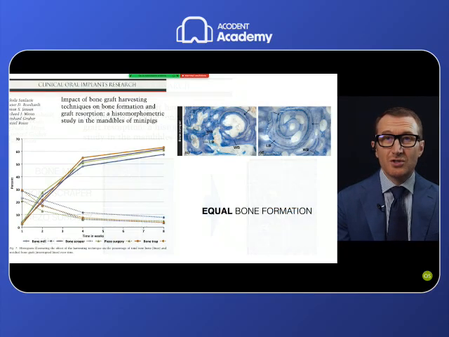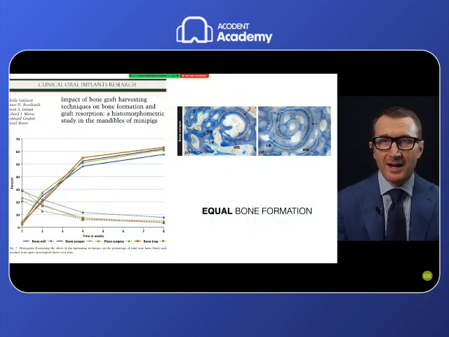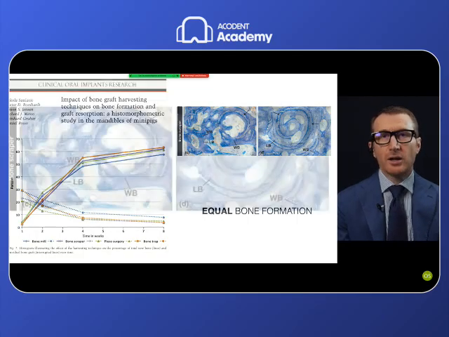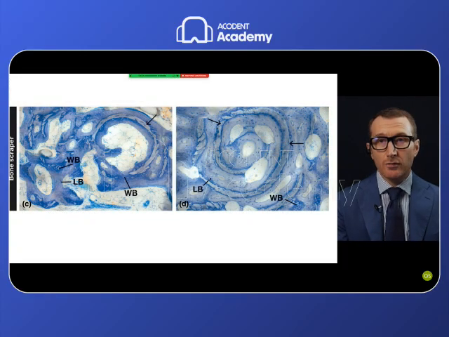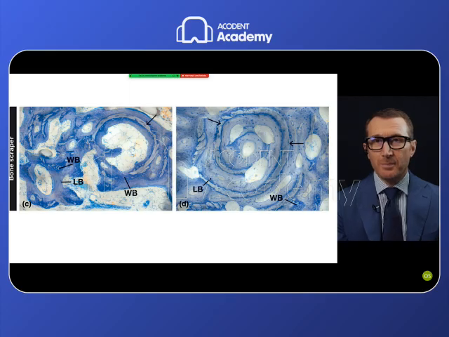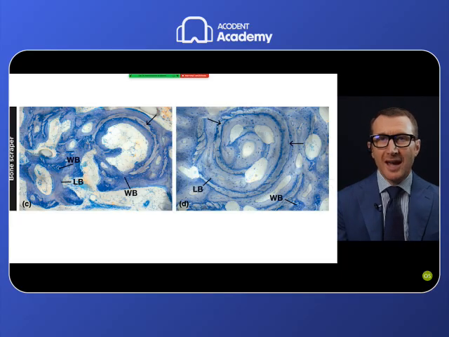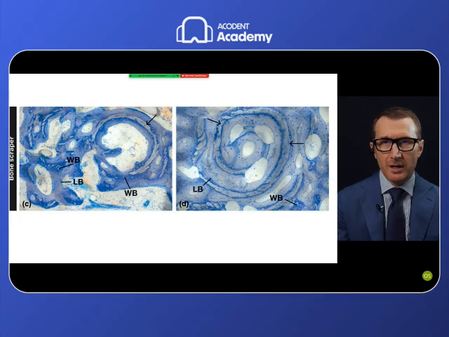Histologically, we are going to see bone formation independently of the way we are changing the macroarchitecture of the graft. We are going to have a lot of bone formation. And what is important to understand is that even cortical bone is going to change the way of the regeneration.